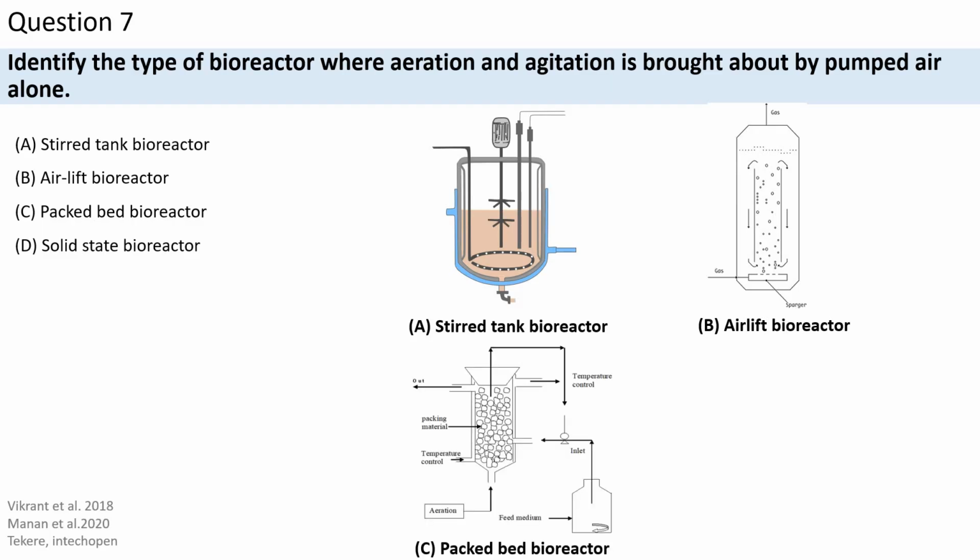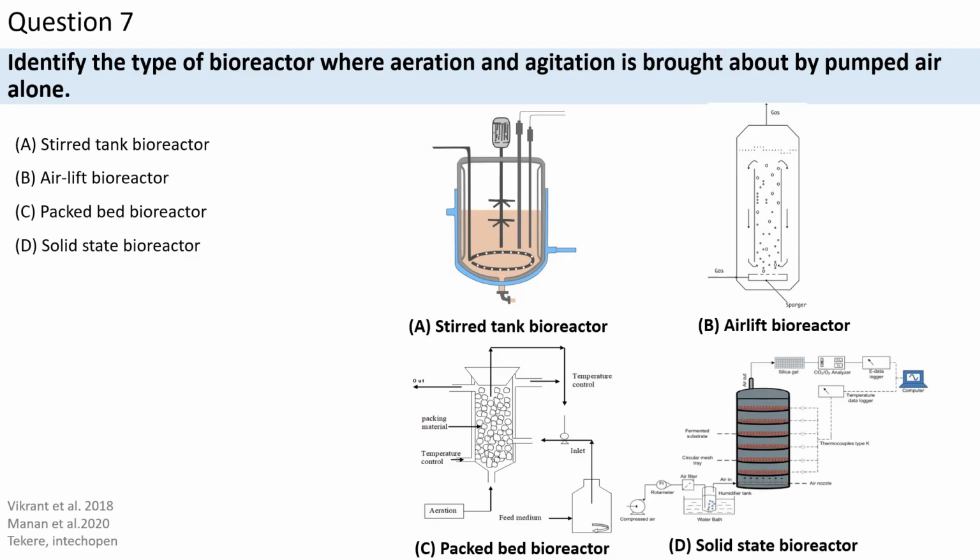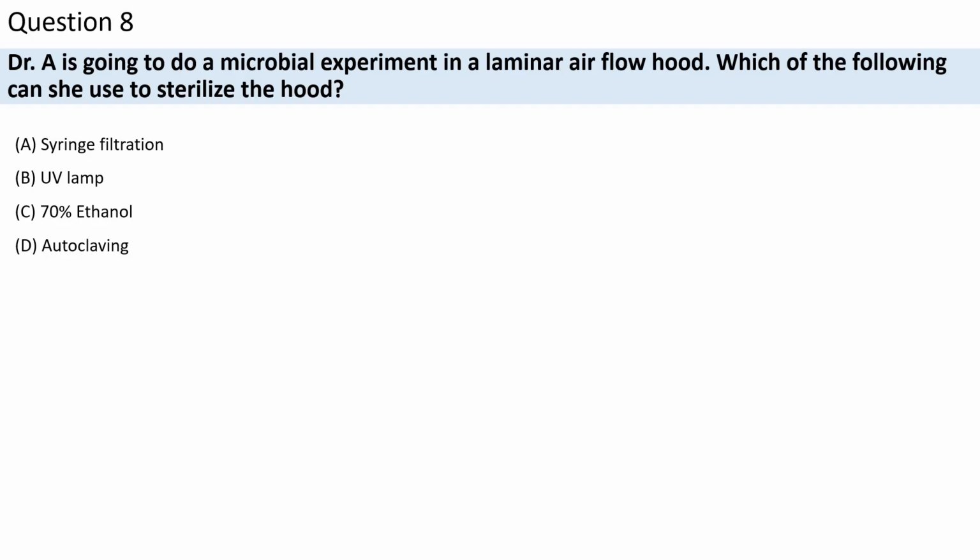In a packed bed bioreactor, aeration is only to provide oxygen and there is no mixing. Similarly, in the solid state bioreactor, the solid state feedstocks are kept, and aeration is only to supply oxygen to the inoculum and the cells, not for mixing. So the right answer was airlift bioreactor.